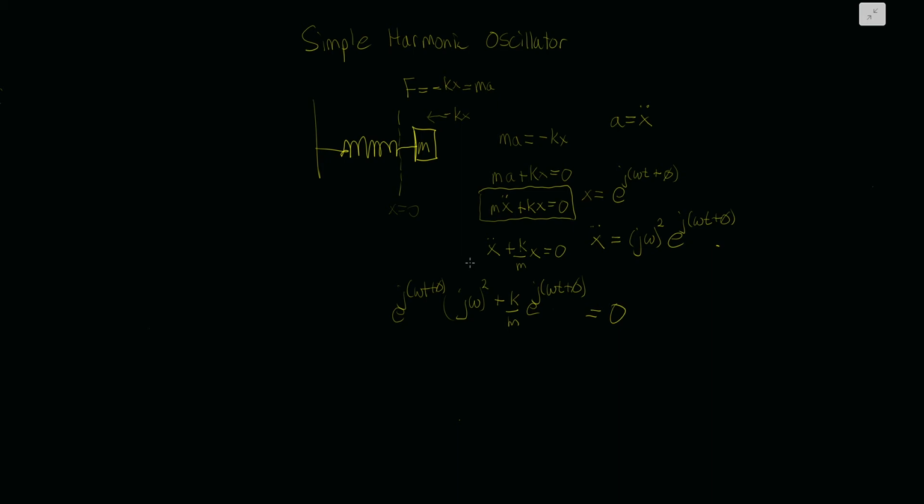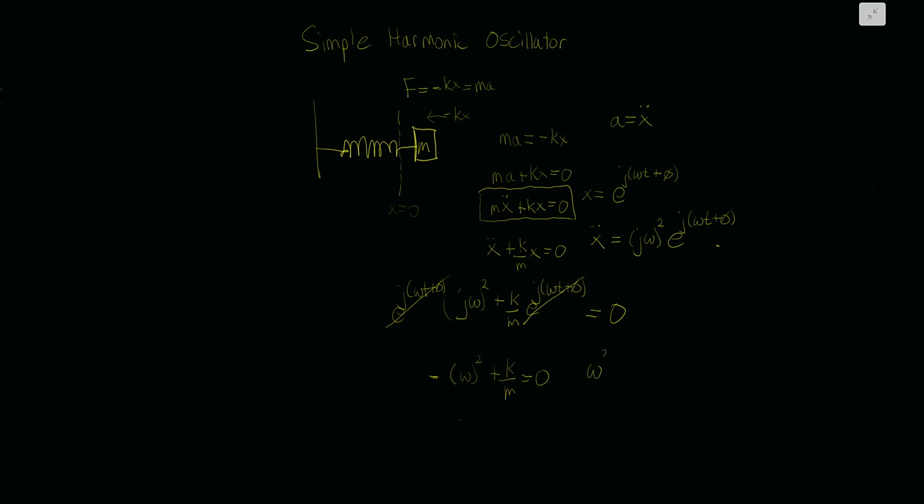So we have this common factor here, we can cross this out, and all we're left with is j squared is negative 1, and then you have omega squared plus k over m is equal to 0.